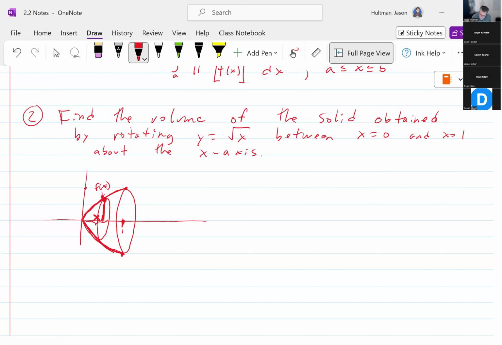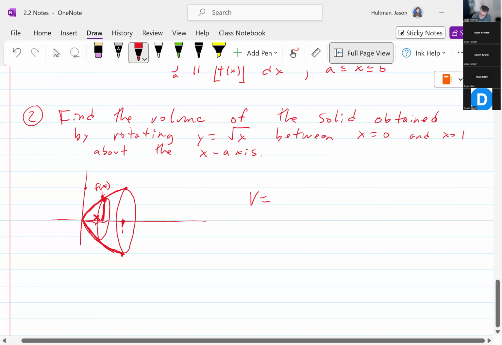Okay, so the volume of this thing is equal to the integral from 0 to 1 of pi times the square root of x squared dx. Okay, that's good. Why?